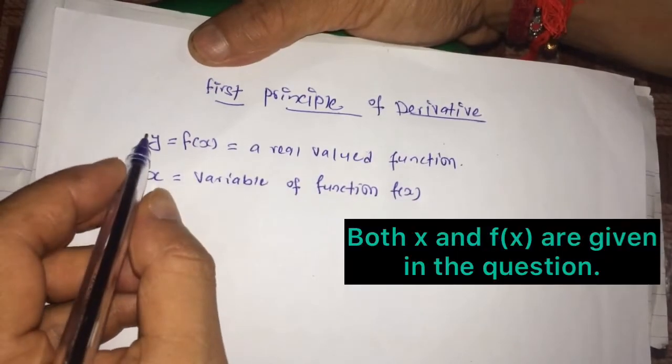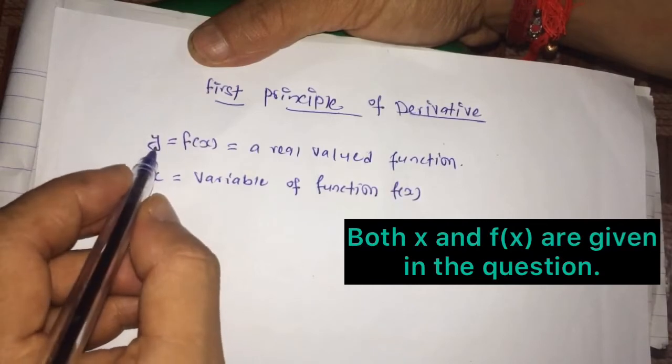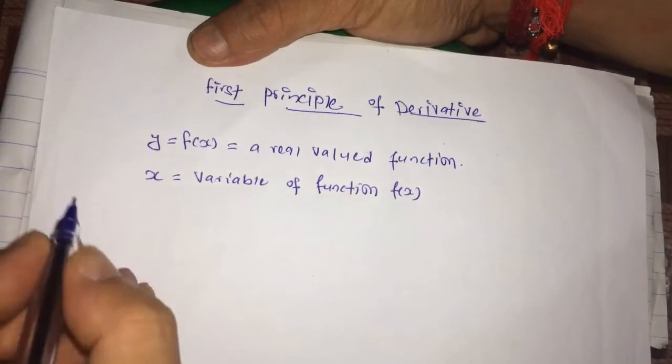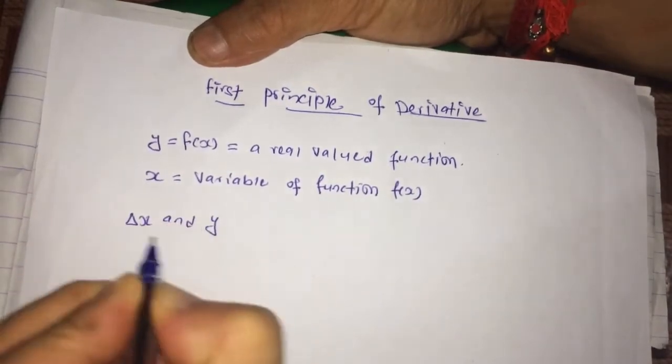After considering these two factors, one is the function and another is the variable of the function, we consider del x and del y.